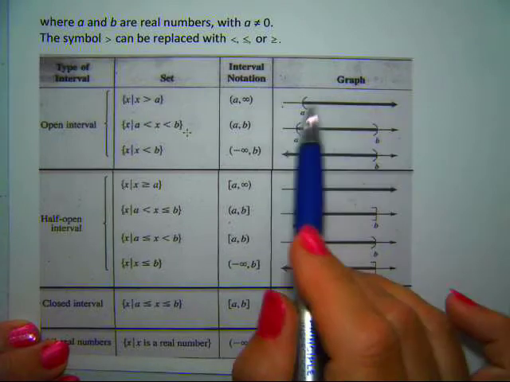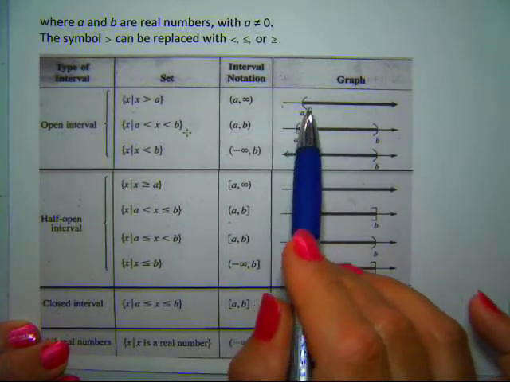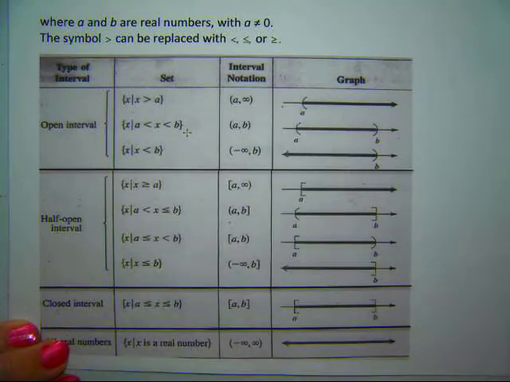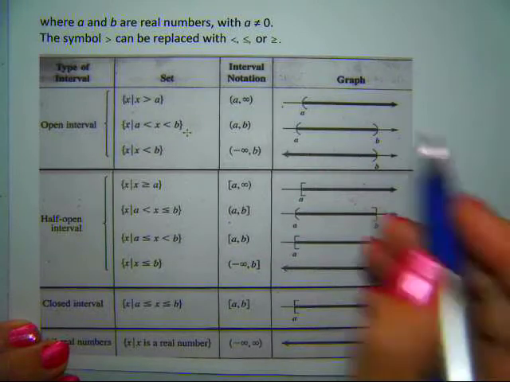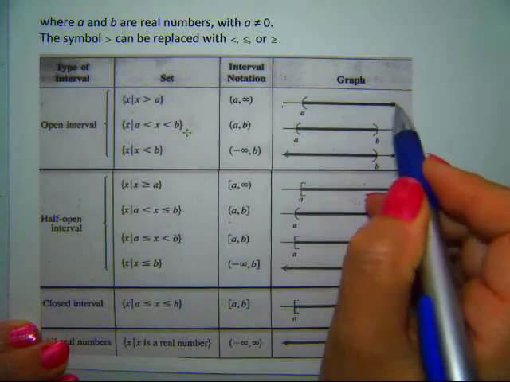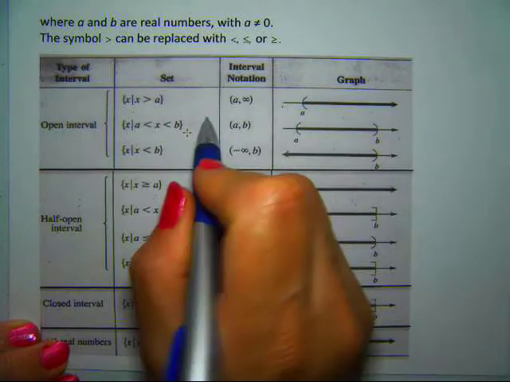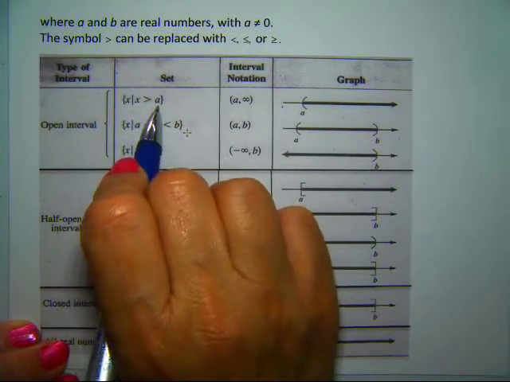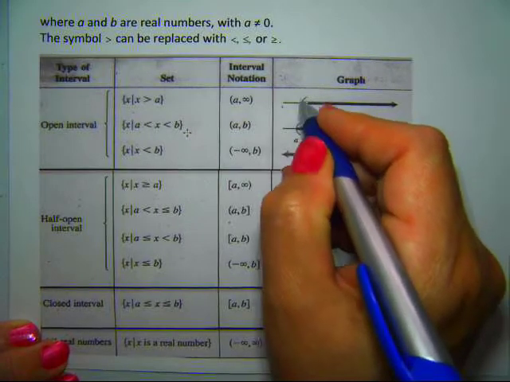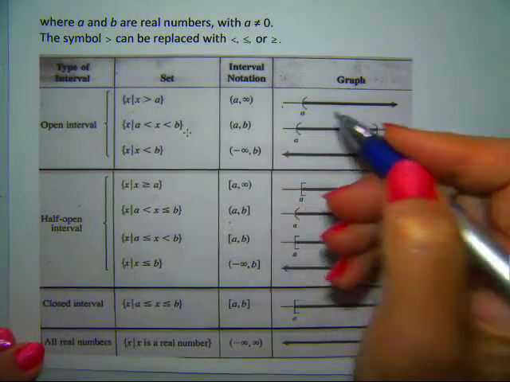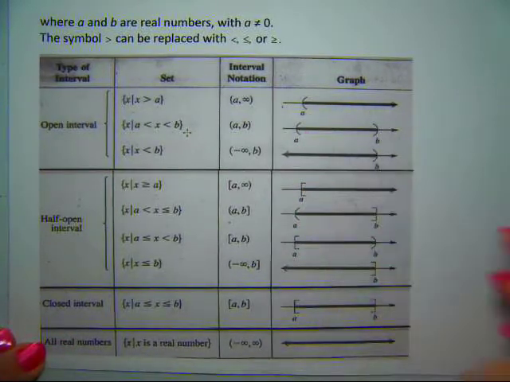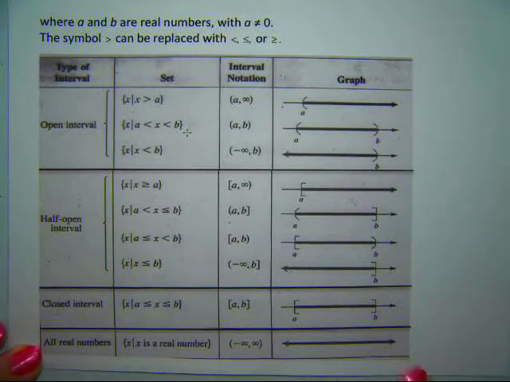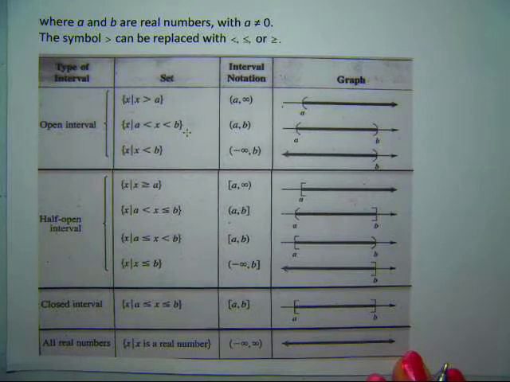You just find a place, call it a, and if x is greater than a, that means it's going to go to the right. So we have to darken it. And since we don't have a less than or equal, it's not equal to a, so we're going to use a parenthesis. Some books use open circle and dark circle. We are not going to use it in graphing inequalities.